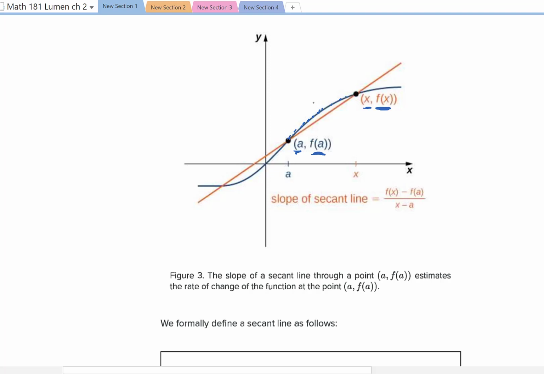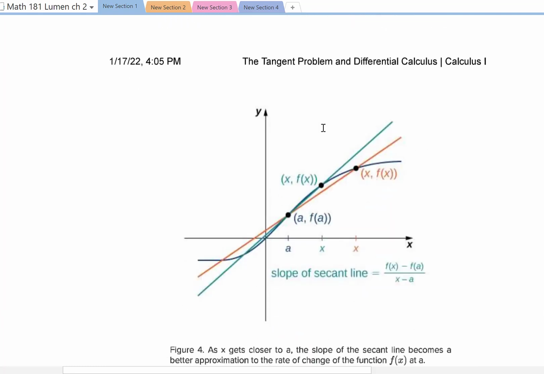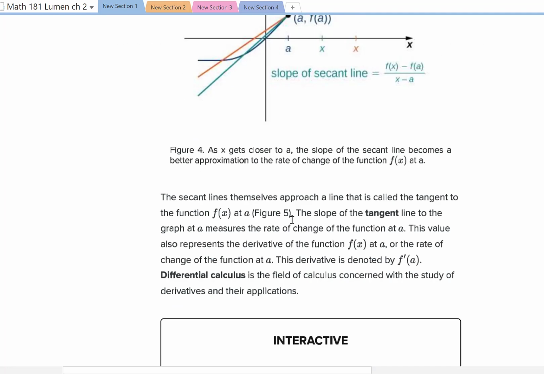Because if you were to draw a secant line there, it might look something more like this. And here's an example that we saw initially. Over there's our x, and then the x is there. It's a little closer. This one looks much more accurate. But if we can get it right on there, we'll have a closer or an exact approximation.